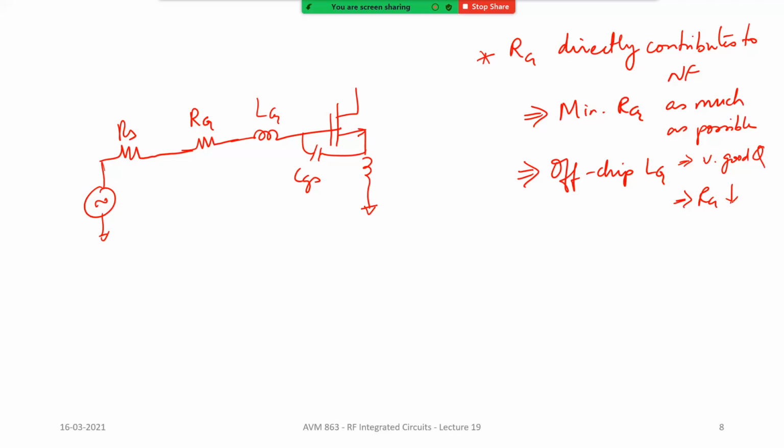Same way, even your LS will also have some. Let me not call it RS. Let me call it RLS. Okay, something like that. So all these things will definitely come into the picture, and it all depends.